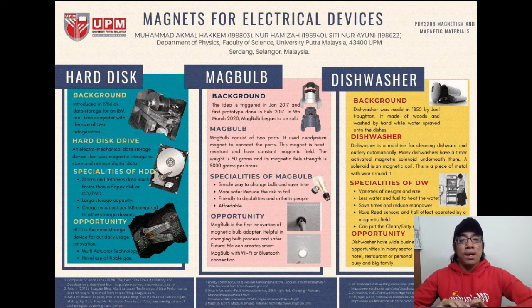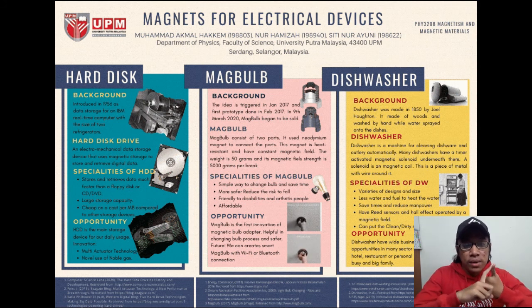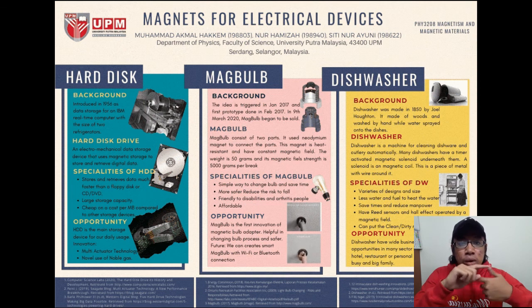Nowadays, there are many advantages of choosing a hard disk over other storage devices. Firstly, a hard disk can store and retrieve data more efficiently than a floppy disk, because a hard disk can spin much faster than a floppy disk, so the data can be retrieved a lot quicker.